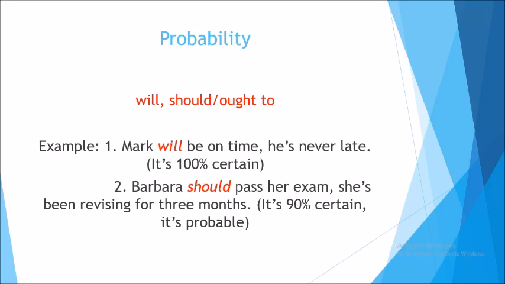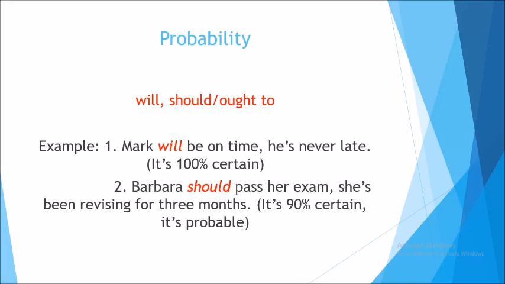Probability. Probability is a very expansive topic, but of course here you have just the introduction of this topic. And to express probability, we use will, should, and ought to.